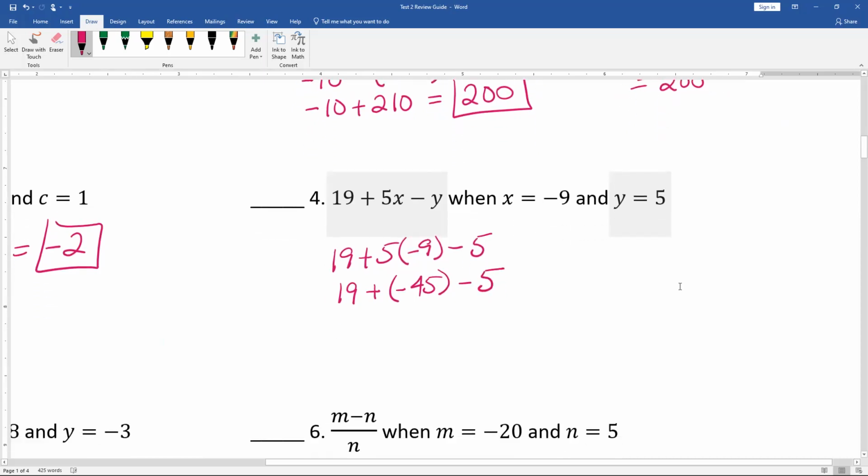All right. Want to go ahead and combine like terms? What are my like terms? We could do this either way, but this is negative 45 plus a negative 5. Right.